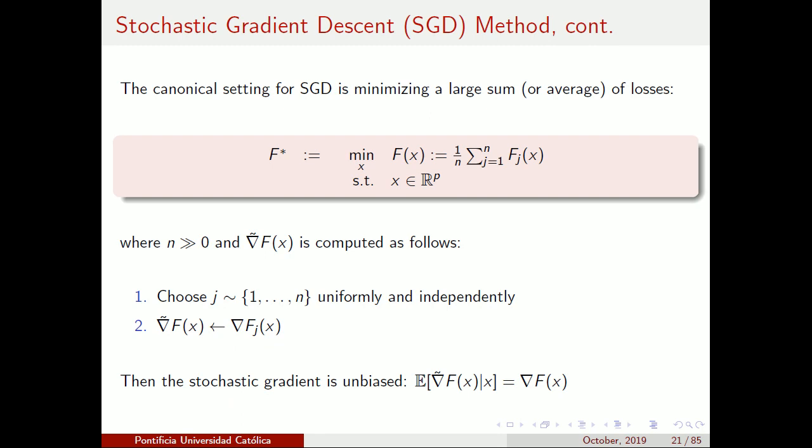All right. So here's the canonical setting for why stochastic gradient descent is so useful. These days, when you're training a giant neural network, you train it by saying, I want to minimize the average losses for each of my samples.